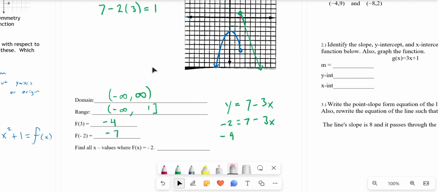And f of 3, right? This is also something that we've goofed on. F of 3, actually, if I plug that in right, I would have 7 minus 3 times 3. And then that's going to be -2. So yes, this is at -2 when the x value is 3.